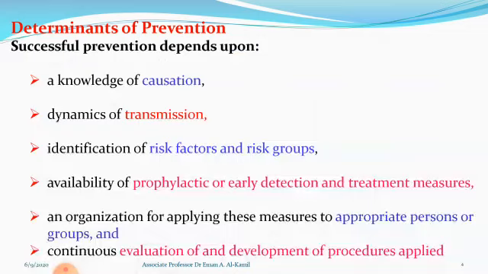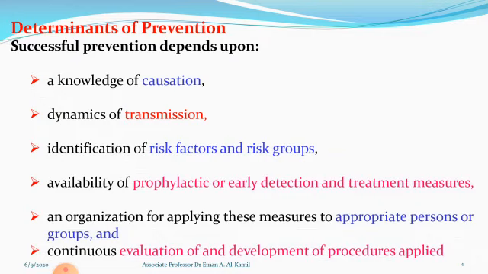Determinants of prevention. If we wish to have a successful prevention, it is important first to acknowledge the causation. What are the causes of the disease? And then what are the ways or mode of transmission, and identification of the risk factors and risk groups.